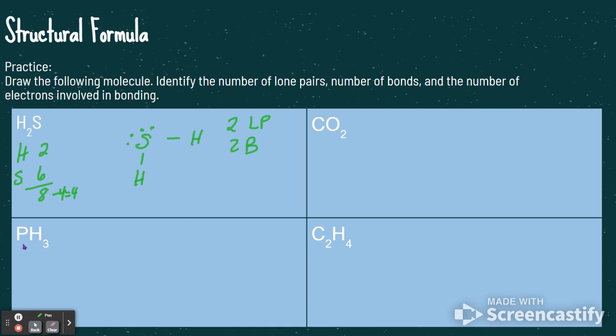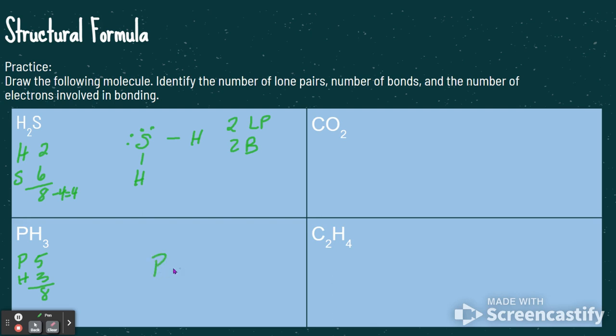All right, next we're going to work on, let's do PH3 next before we go across. So phosphorus has 5. And each hydrogen has 1, so that's 3, 8 total. We're going to put phosphorus in the middle. Hydrogen is always a terminal atom, just like our halogens are.